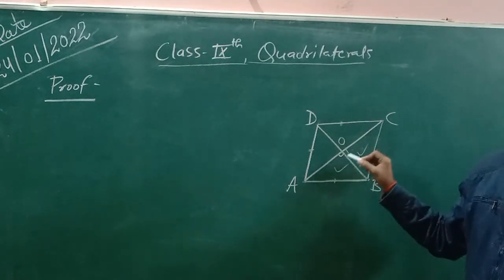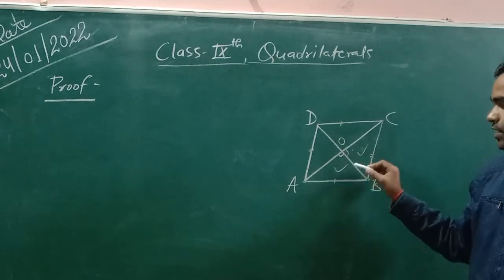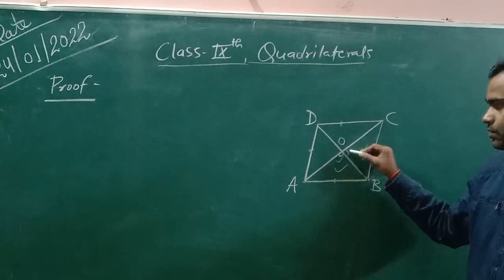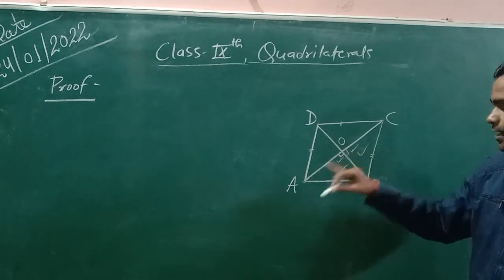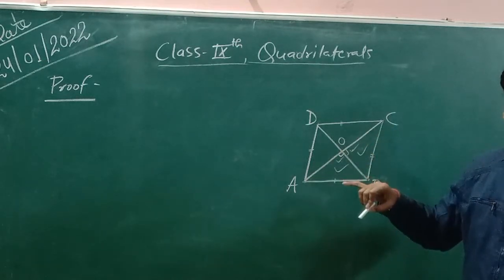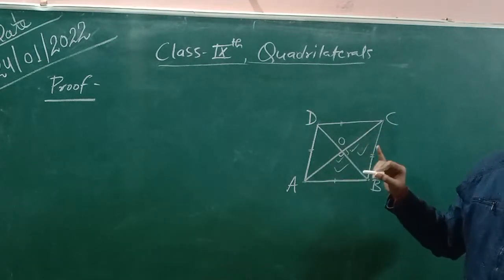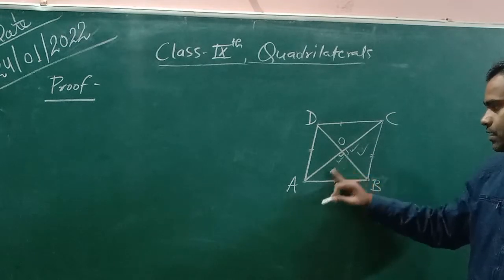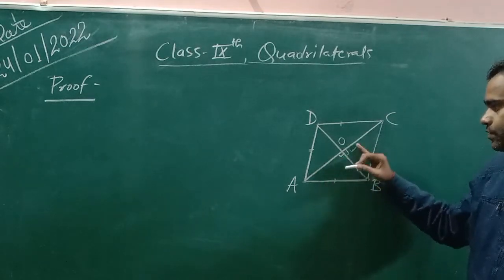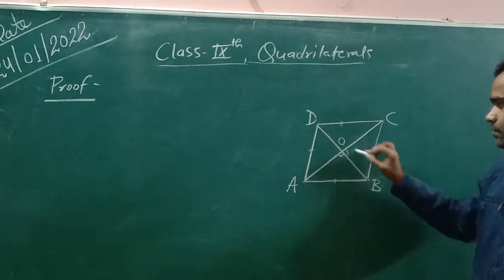Then each will be of 90 degree. So now we will try to prove triangle AOB and triangle BOC congruent.